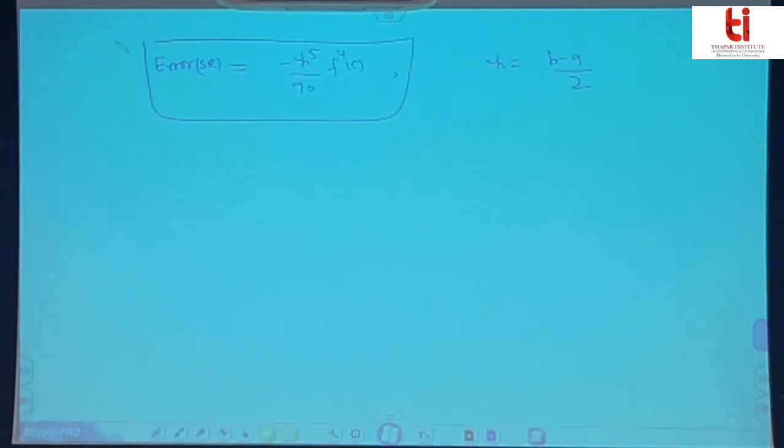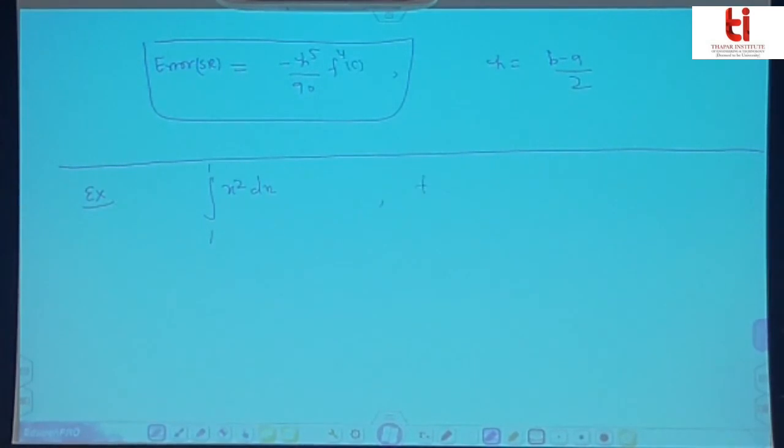One more thing we can conclude here, as we have done the example. Suppose we have to integrate the function from 1 to 2 of x square dx.